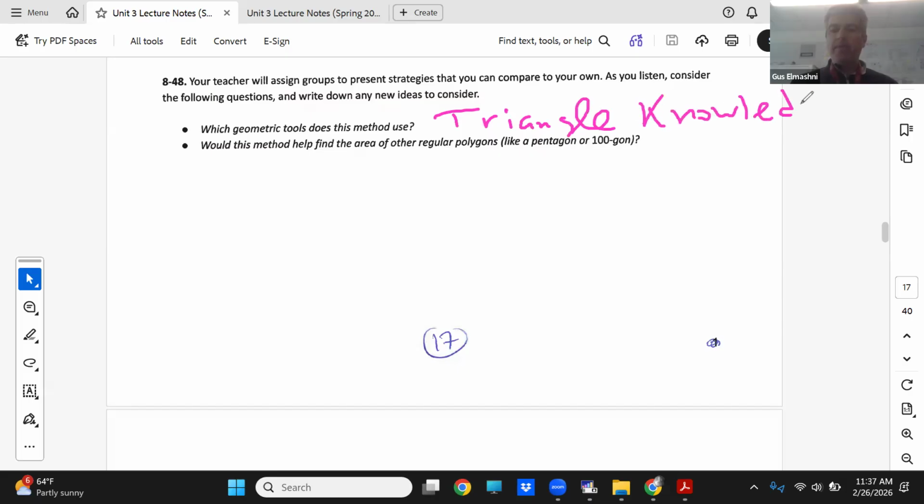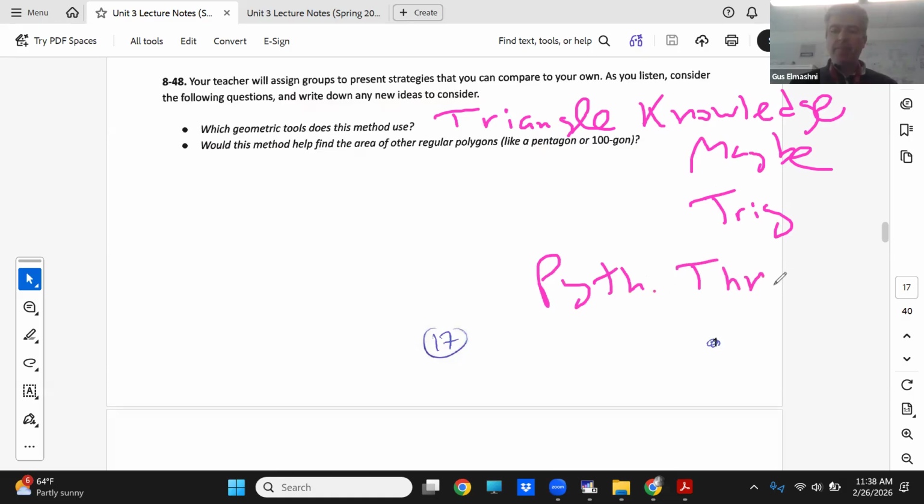You could have got more creative if you wanted to. Yeah, maybe trig. Pythagorean theorem, I think that's a great observation. Yeah, Pythagorean theorem, right? 30-60-90, or 45-45-90.